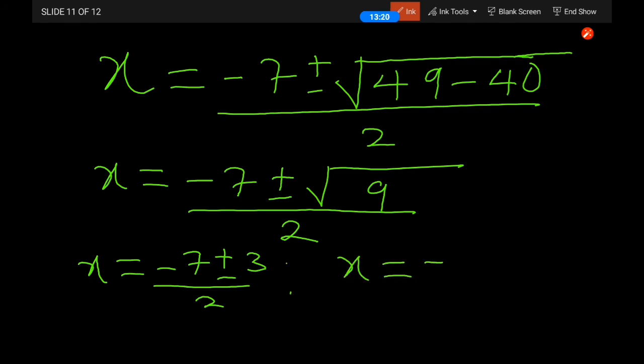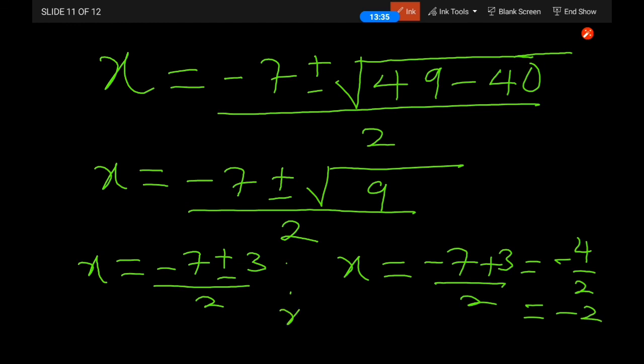such that x is either minus 7 plus 3 over 2, and that will give us what? Negative 4 over 2, and that is negative 2, or x equals negative 7 minus 3 over 2.